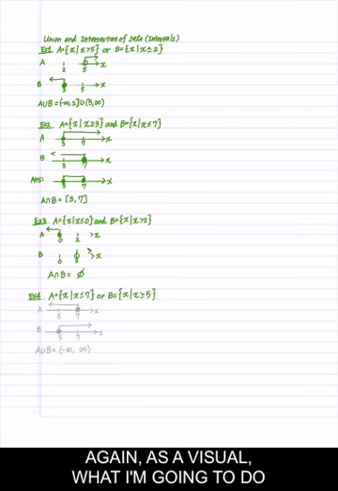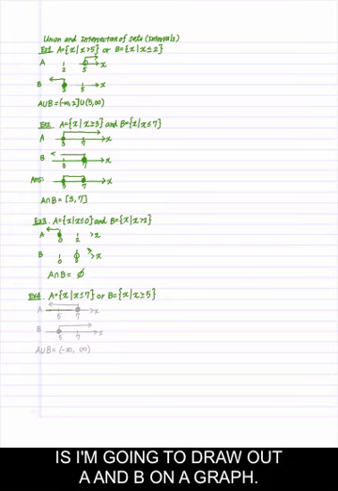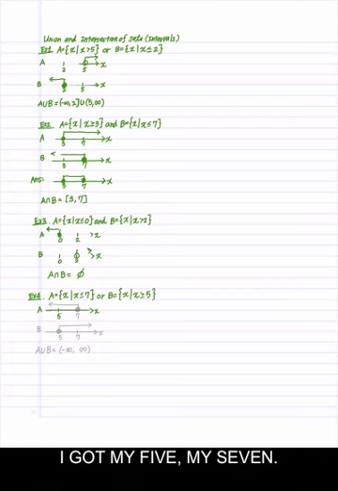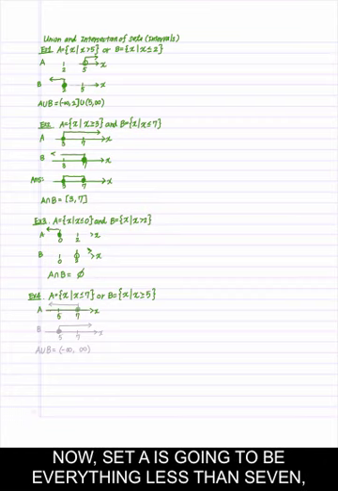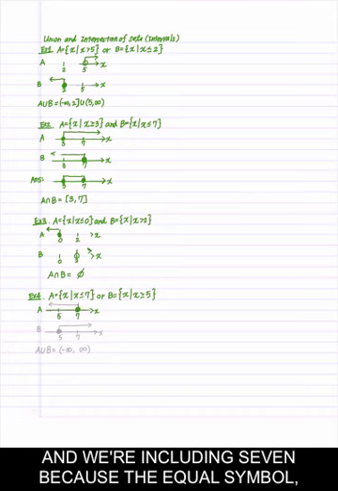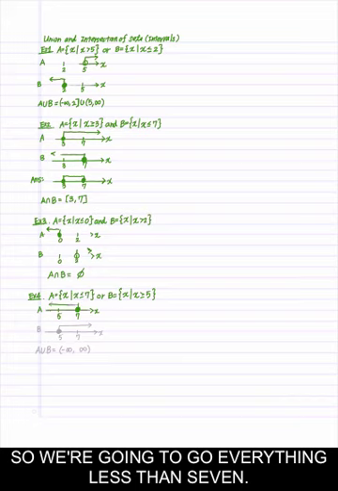Again, as a visual, what I'm going to do is draw out A and B on a graph. I got my 5, my 7. Now set A is going to be everything less than 7. And we're including 7 because of the equal symbol, so we're going to go everything less than 7.